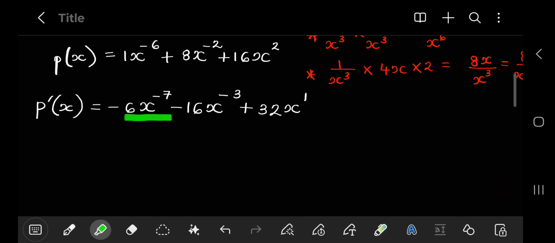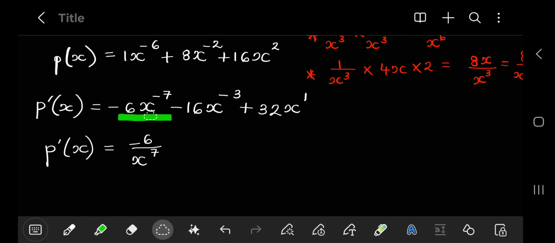Now we've got two terms which are a problem here. These two terms have negative exponents. So to get rid of those negative exponents, what we do is we move those variables to the denominator. So only the variable moves. In the numerator, you're going to have negative 6, and in the denominator, x to the power 7.